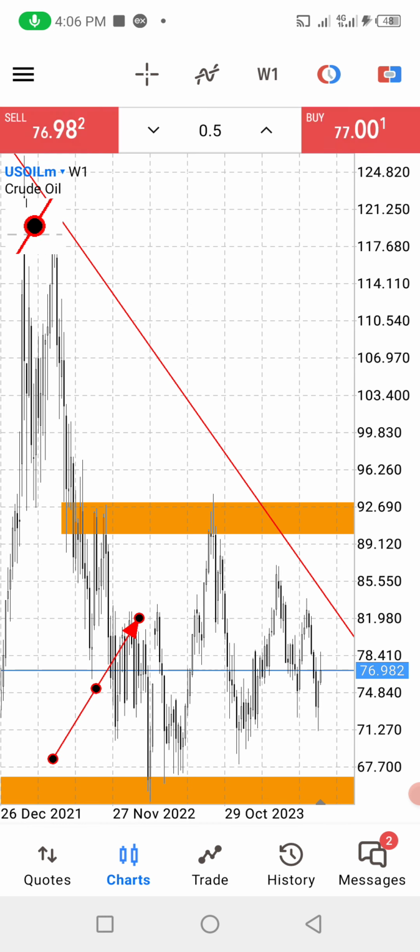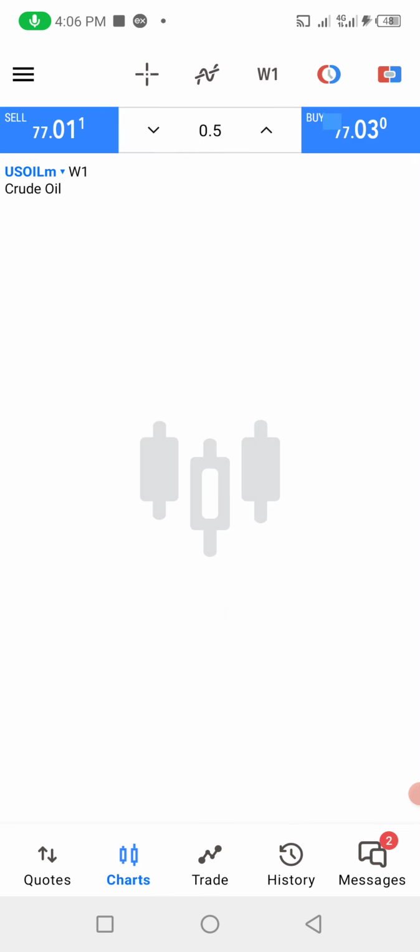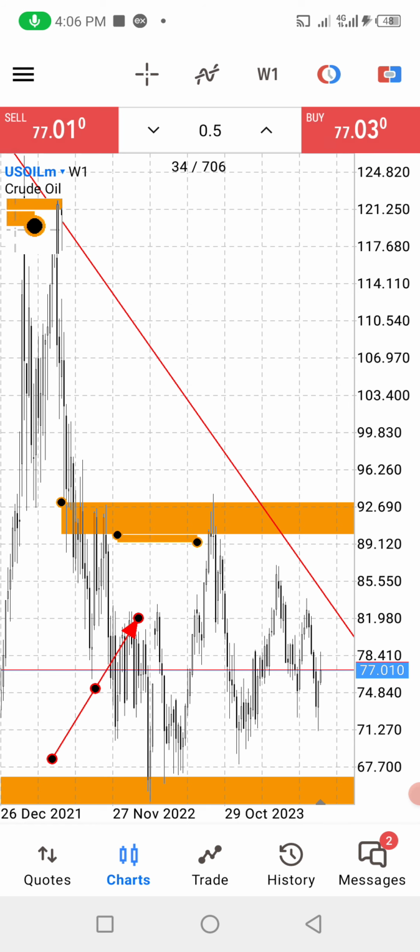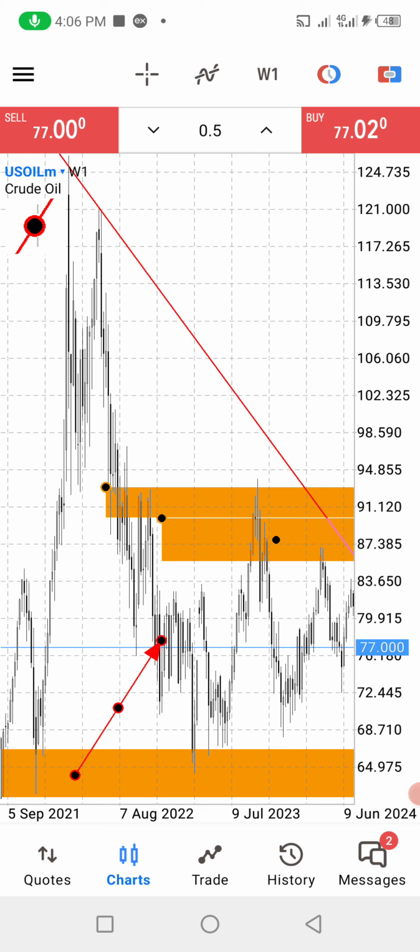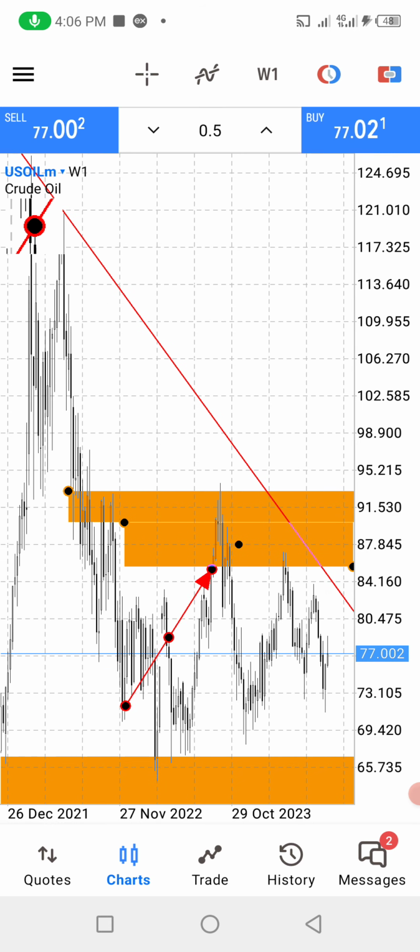And there is a need to extend our support zone a little bit to here, simply because price reached there and dropped. So there is a shift in the resistance zone. So our resistance function, there is a shift. And so you see that price gets there and starts coming down.